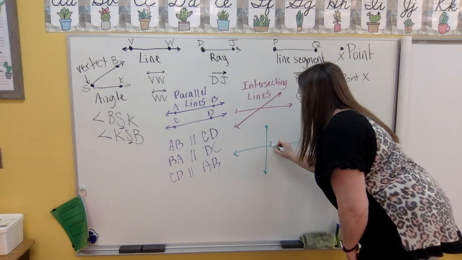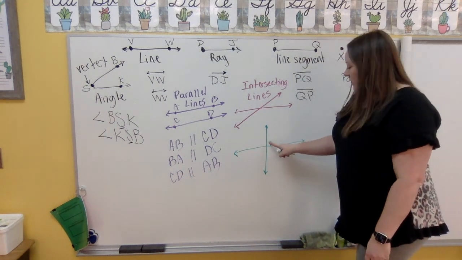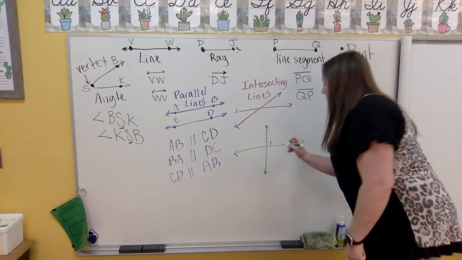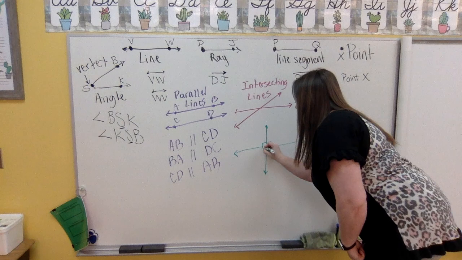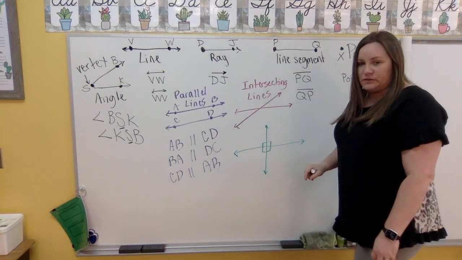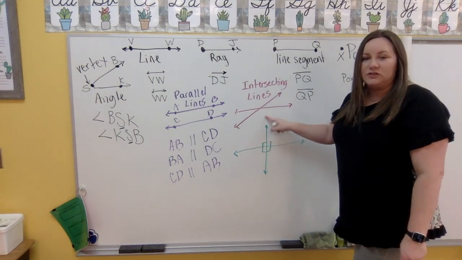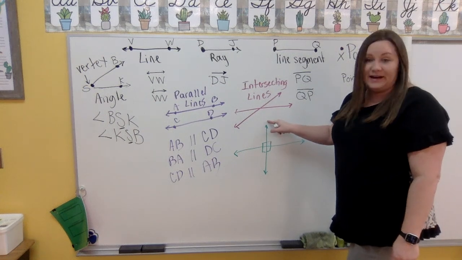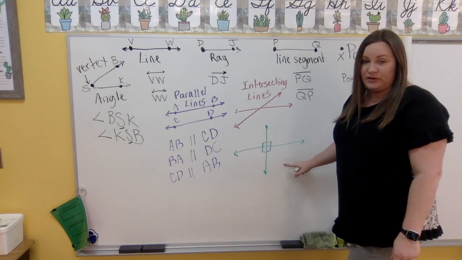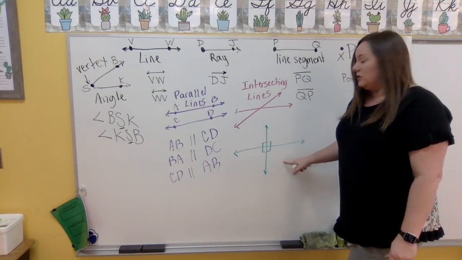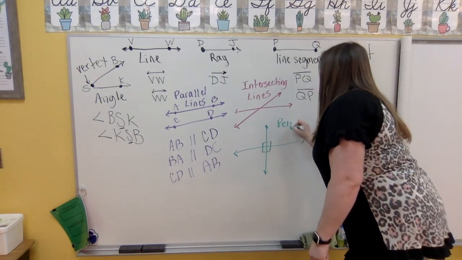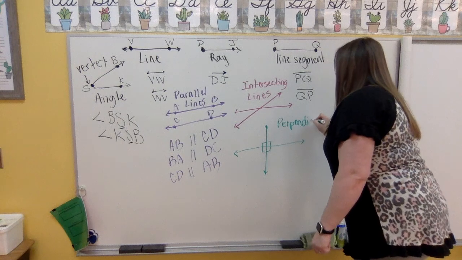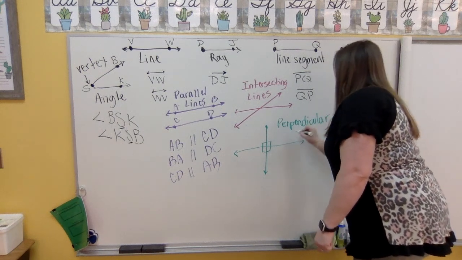So each one of these makes a 90-degree right angle in the corner. So I technically could put a square in all four of those. If your lines look like this, they are not considered perpendicular lines. A perpendicular line has to make that plus sign. So this is perpendicular lines.